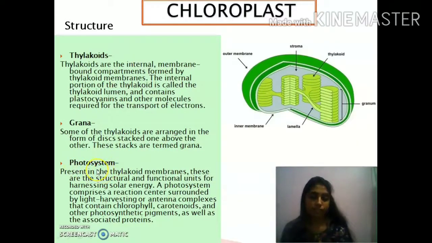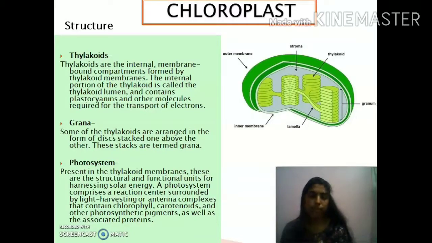The next you can see is photosystem. So what is this? It's nothing but some complex protein structures, or protein complexes, which are present inside the thylakoids. Clear? And what is their function? They contain different types of pigments and protein complexes, which in turn help in the light dependent reactions of photosynthesis.